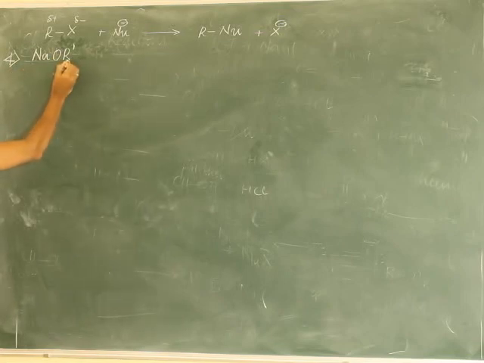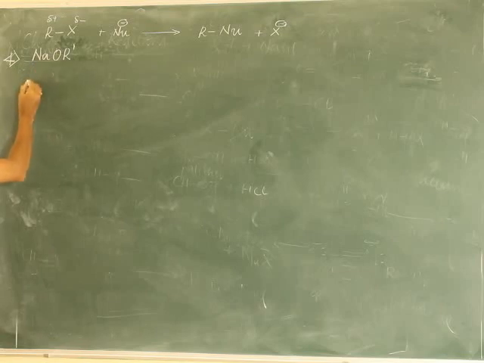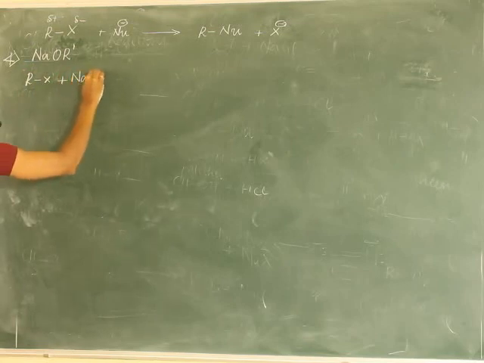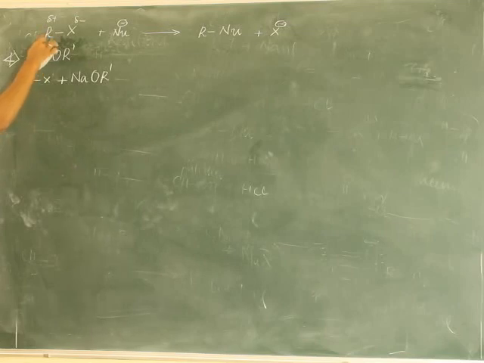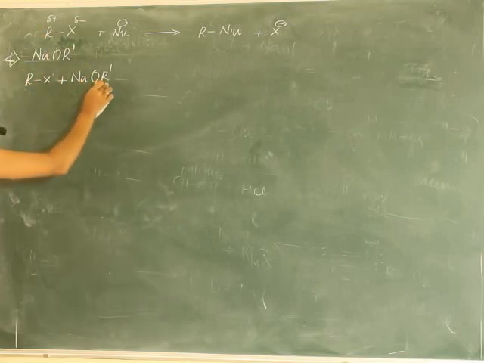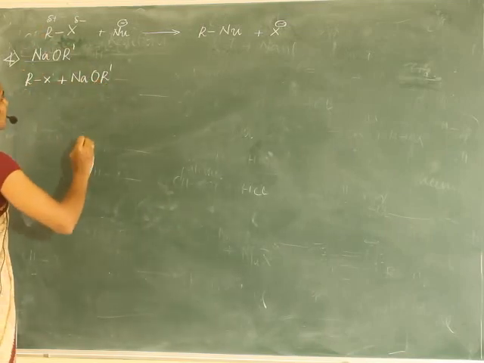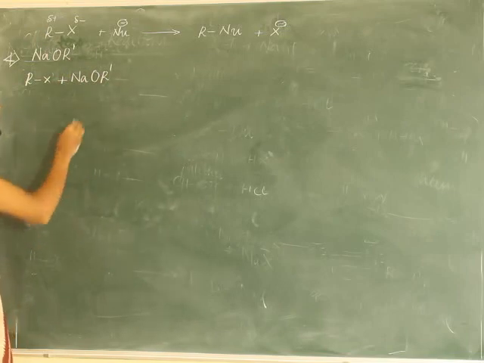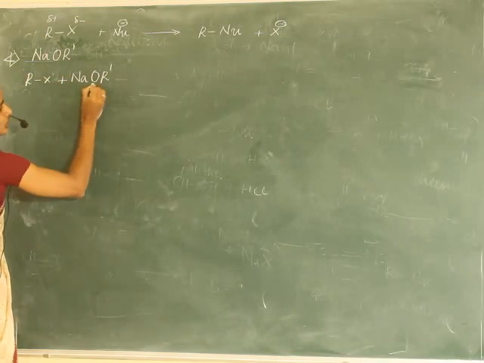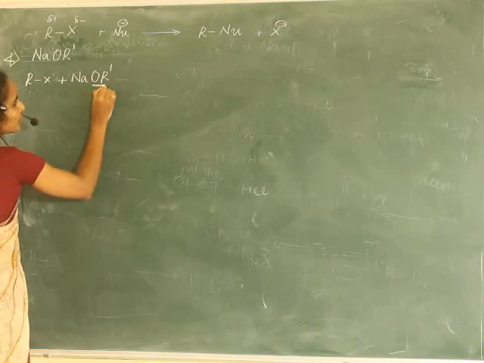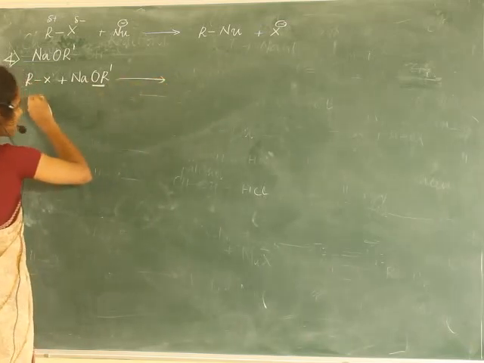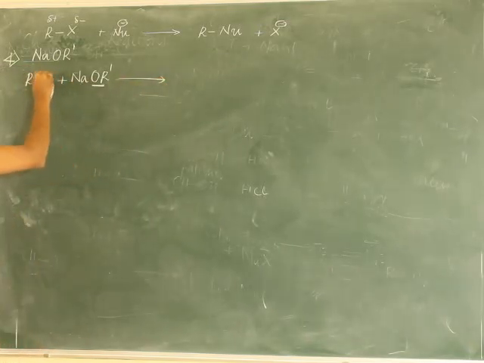Sodium alkoxide. Reaction: RX reacts with NaOR dash. Why R dash? With R already taken here, hence here I took R dash. Now here the functional group is Na plus, and OR dash is not a functional group, it is the nucleophile here. Now this is the substrate, the nucleophile, and here it is the leaving group.